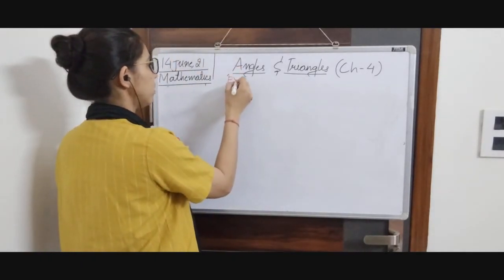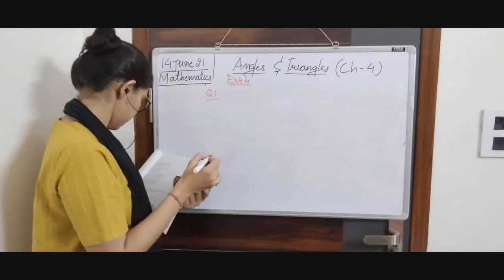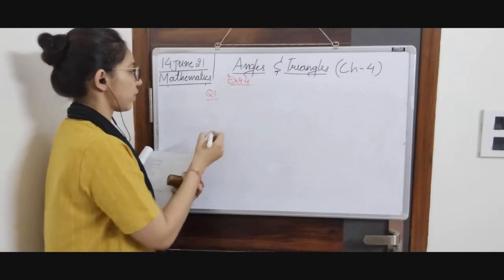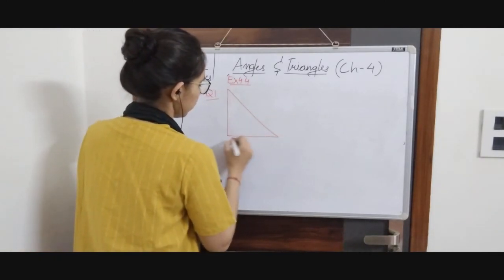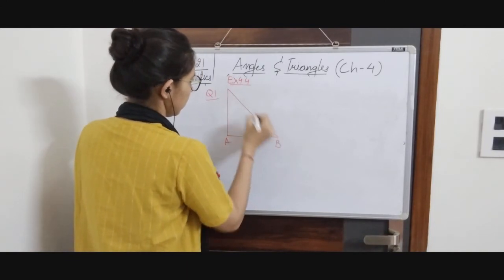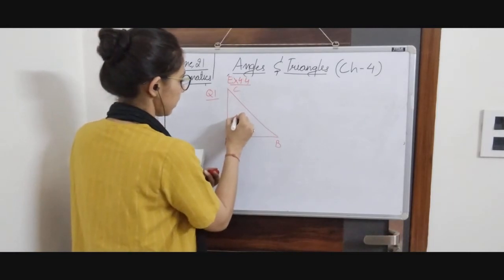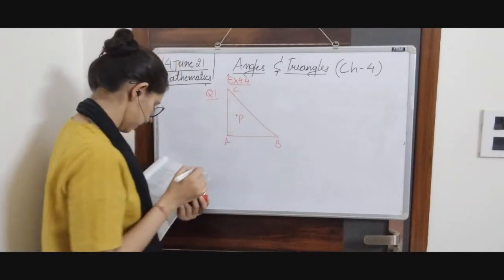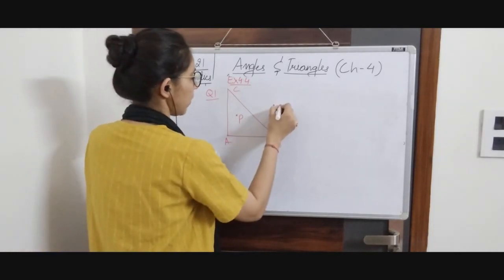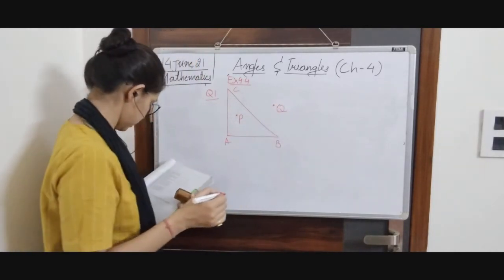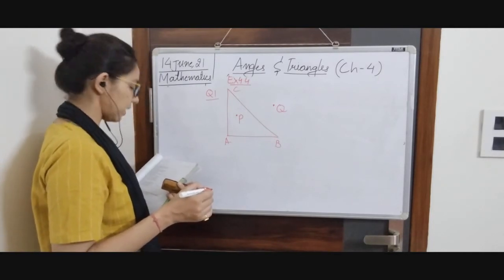Exercise 4.4, question number 1. Okay. In this we have to draw a rough sketch of triangle ABC. Okay, I made a rough sketch of triangle ABC. Mark a point P in the interior. I marked a point P in the interior and a point Q in the exterior. Okay, I marked point Q in the exterior. Is the point A in the interior or in the exterior?